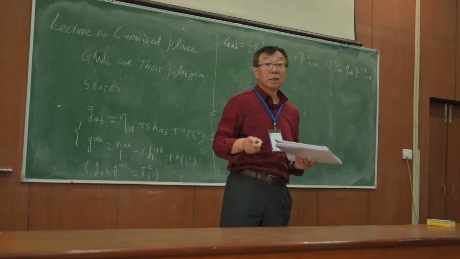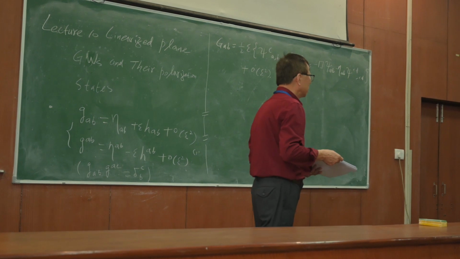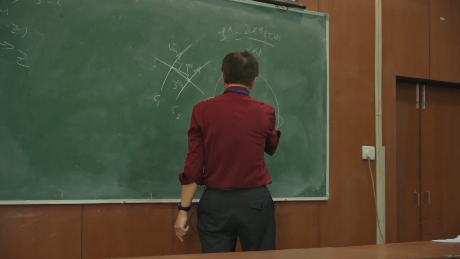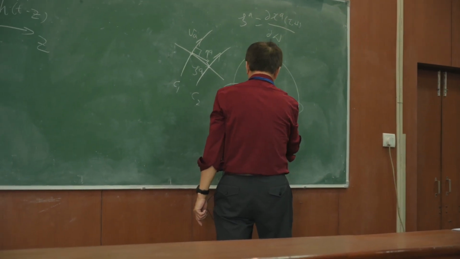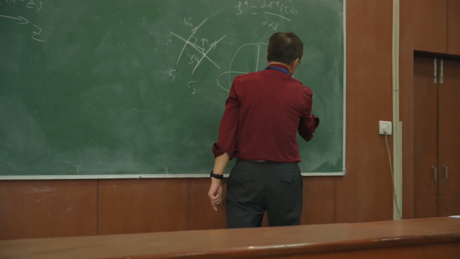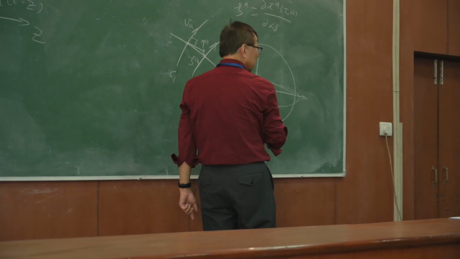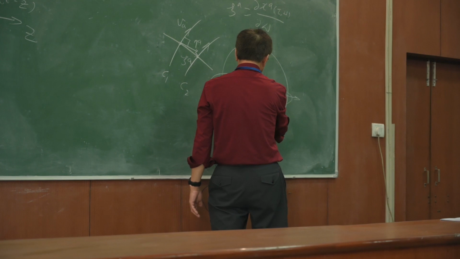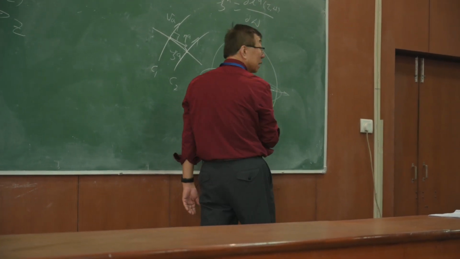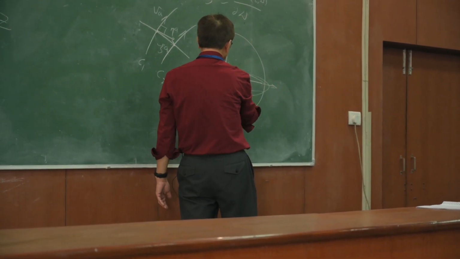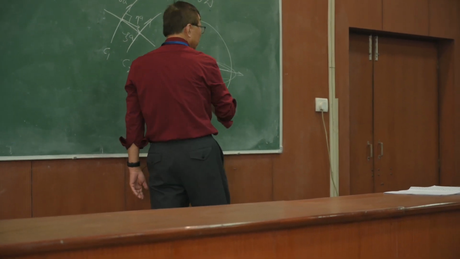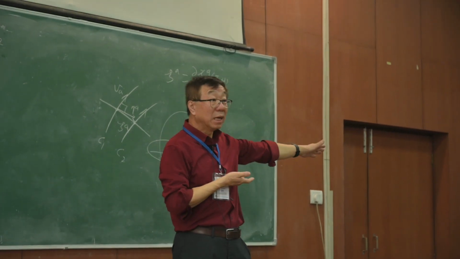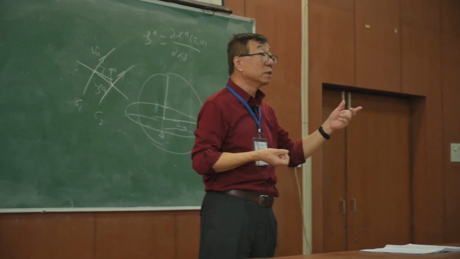So do we have more chalk? Oh, okay, I have. Once it passes, this will squeeze in this direction, stretch this. Then you see what's happening. If I keep shooting lasers, the laser comes back here, also comes back. But if the two arms have different lengths, then they have a phase difference.